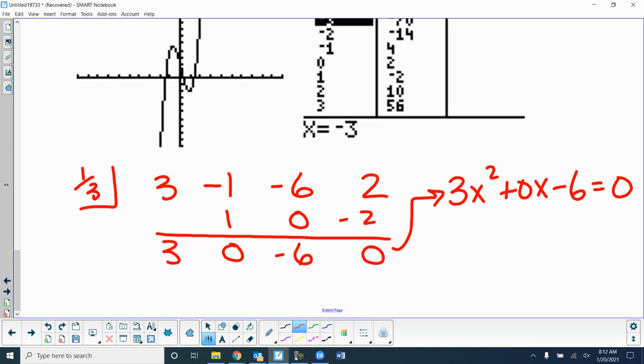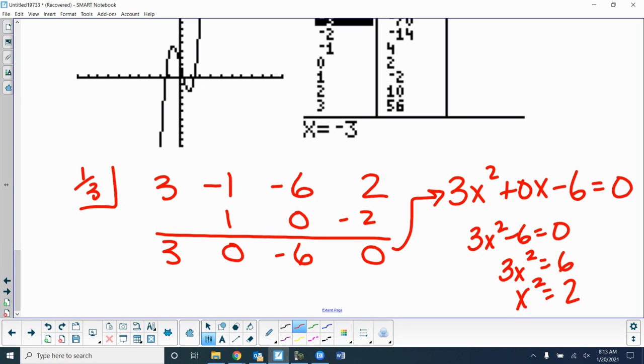Okay? When the b is 0, you don't have to worry about it. And you can just solve that. We're going to add the 6, divide by the 3, and then what do I do to both sides? Square root, which gives me that square root of 2 again, positive and negative square root of 2. Okay? So there's things you can do if you're stuck to try to find those zeros.